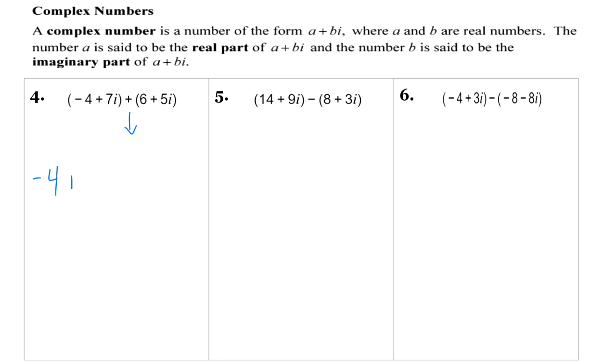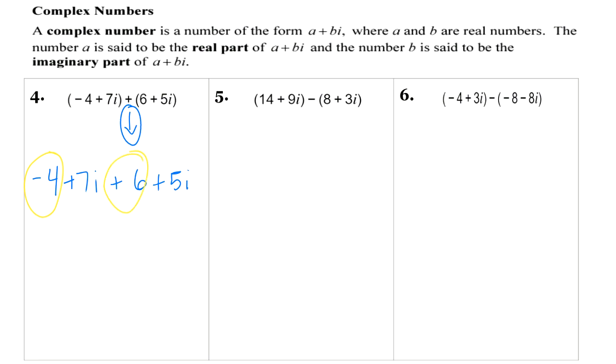You just remove the parentheses. Do not multiply, because that sign in the middle here means we are adding. So just remove the parentheses and then just combine like terms. So I'm going to do the real part of it first without the i's. I'm going to combine that.